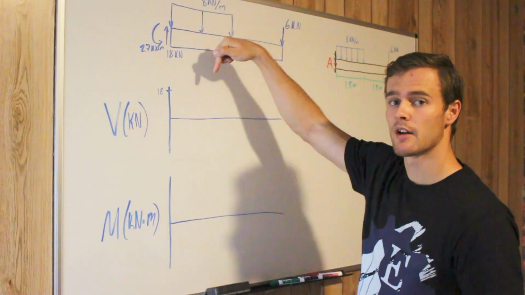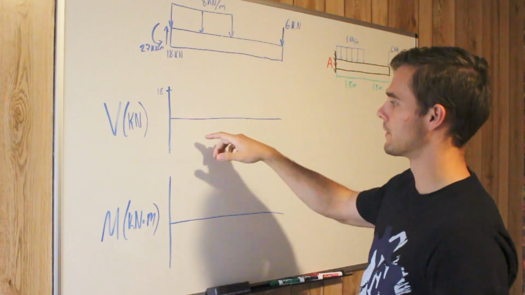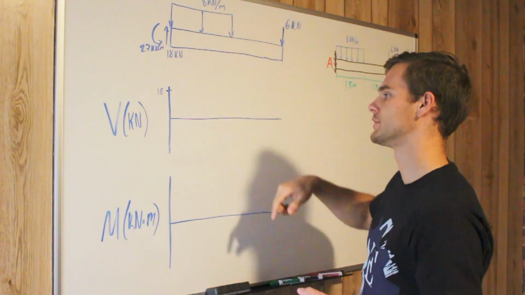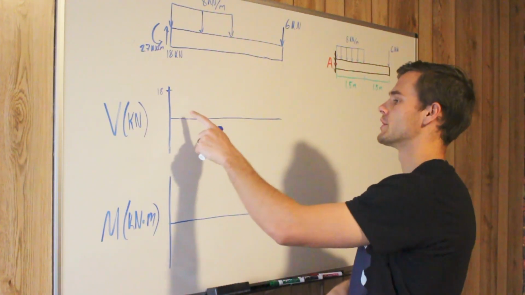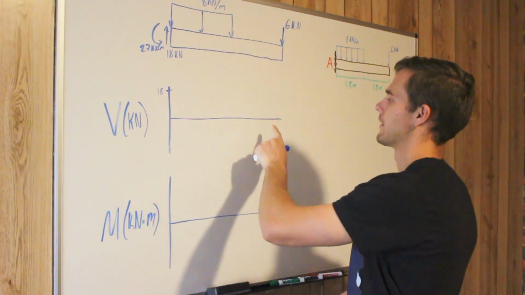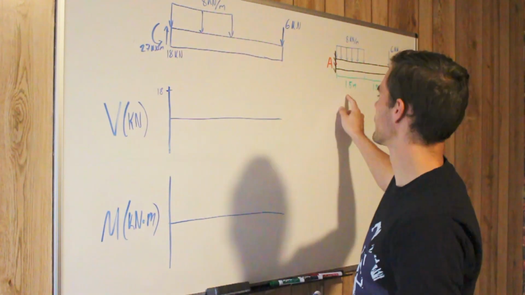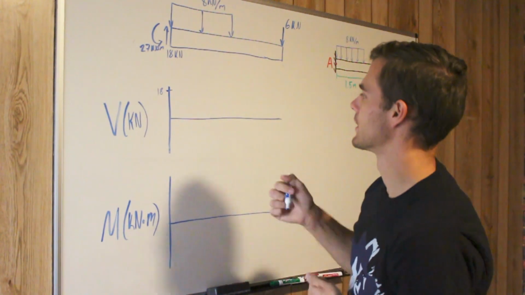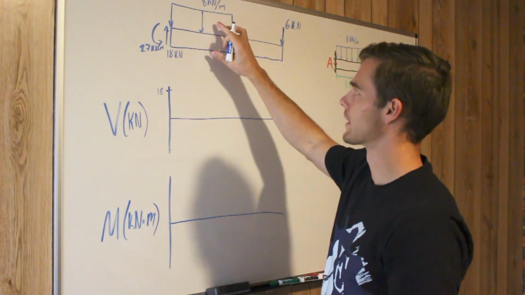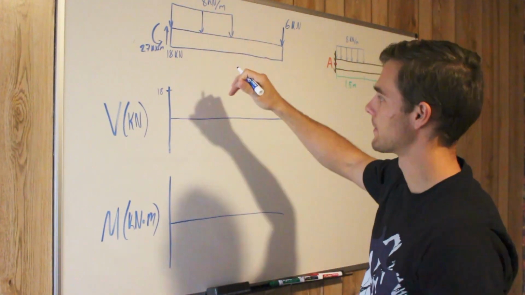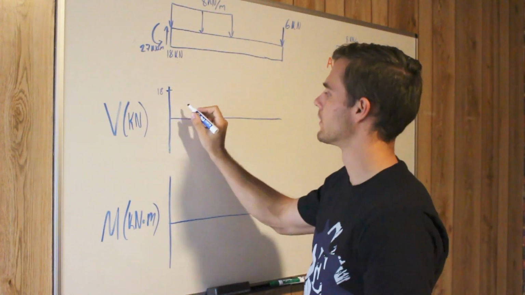Because it's pushing down, it is going to drop the line on our shear diagram. 8 times 1.5, that's 12. We're considering this negative area, so it's going to drop it down to 6.